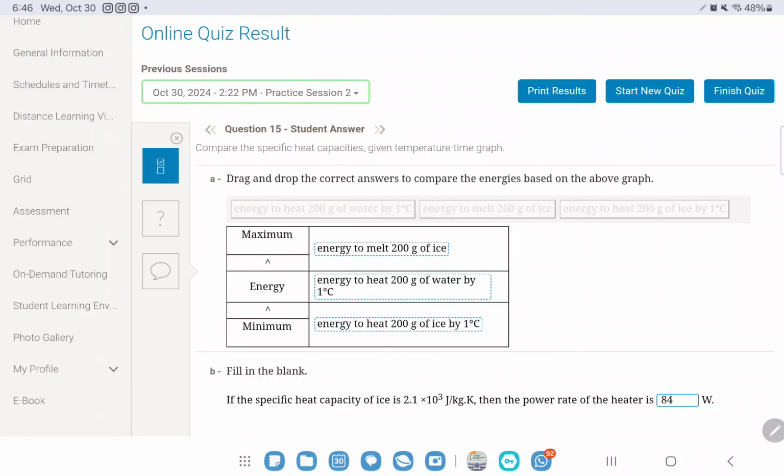Personally, you could do it how I imagined it. The energy to heat 200 grams by 1 degree Celsius is going to be less than water, because water is more freely moving, so more kinetic energy. So then it will be more, and then I said the melting point is 100 degrees Celsius, so I said it's going to be more than 1.